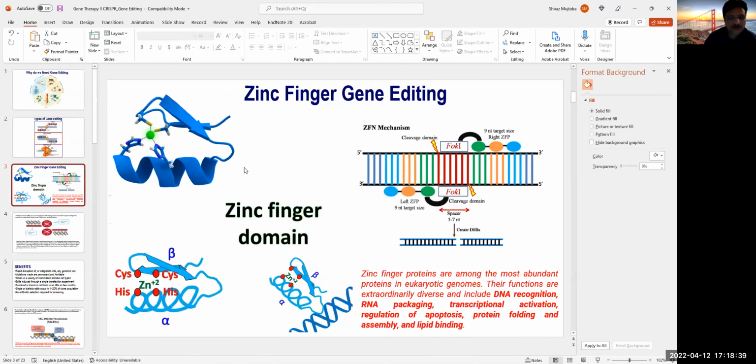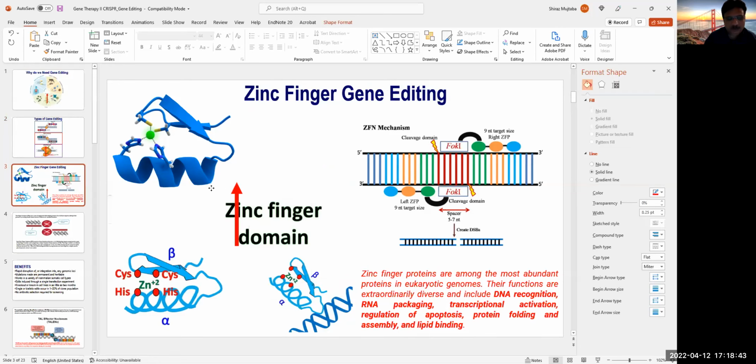So zinc finger is just a protein domain, mainly alpha helix and beta sheet. And then this binds to a zinc atom. So this is a metal binding protein, right? And here you can see the 2 cysteines, this metal zinc ion.